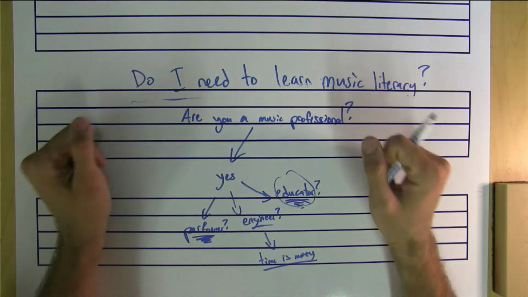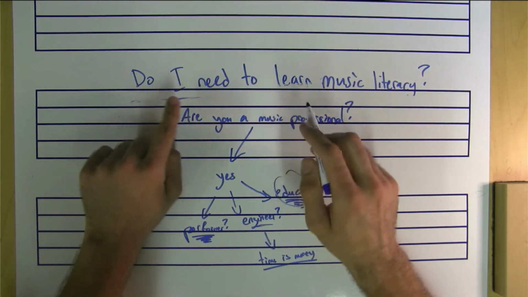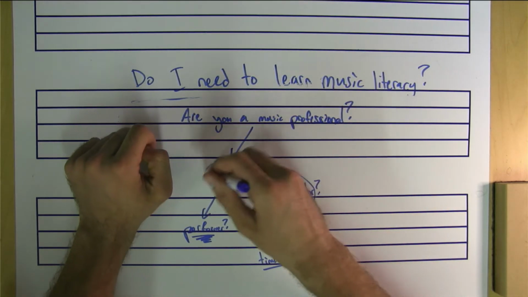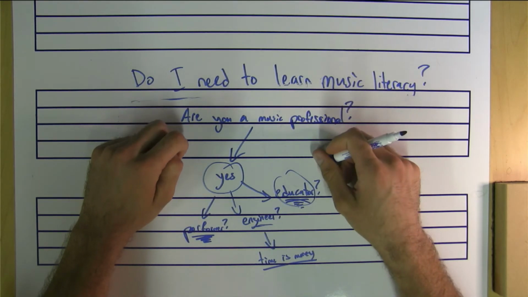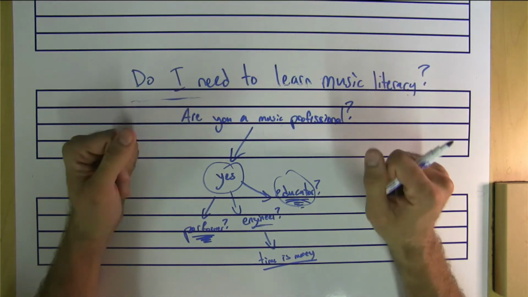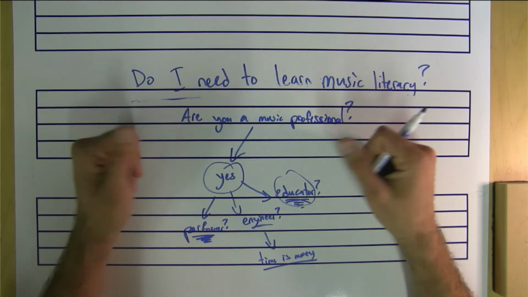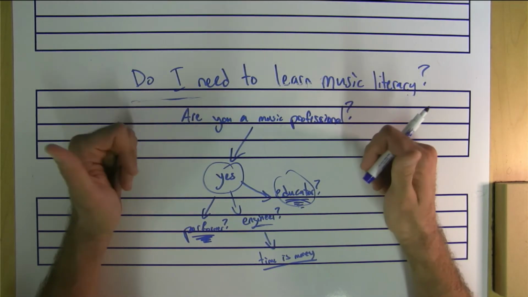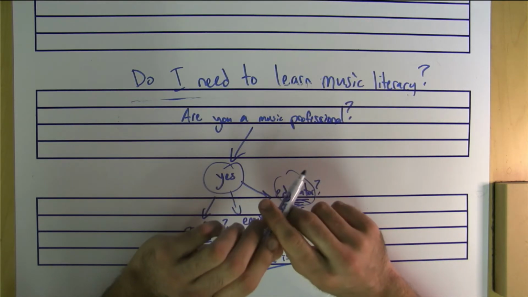So, do I need to learn music literacy? Yes. If you get paid to do music, you better be musically literate. Otherwise, you're going to get called in for a job, and unless you really blow them away, you're not going to get called again, right? That's from a gigging perspective, and I know it's hard to hear, but it's important.